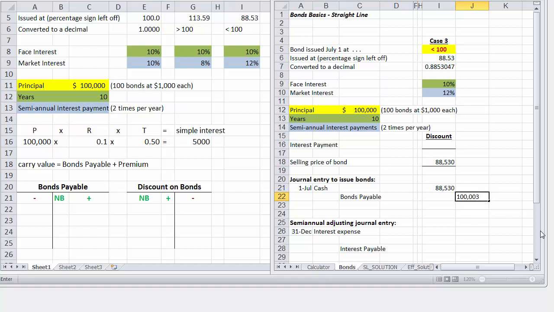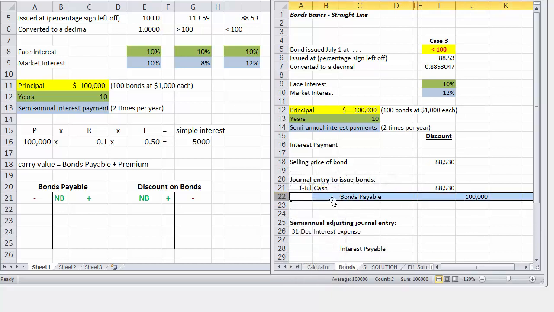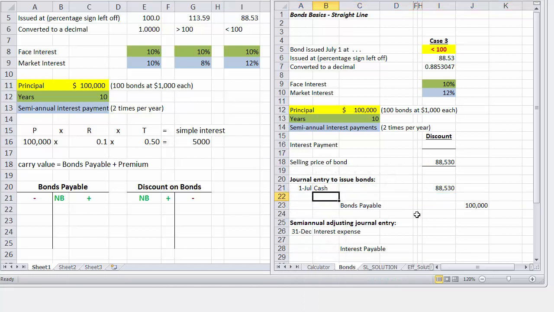So that difference that we actually have to pay back, we're going to go ahead and debit discount on bonds, and that difference, or discount on bonds payable, would be 100 minus the $88,530, so a discount of $11,470.